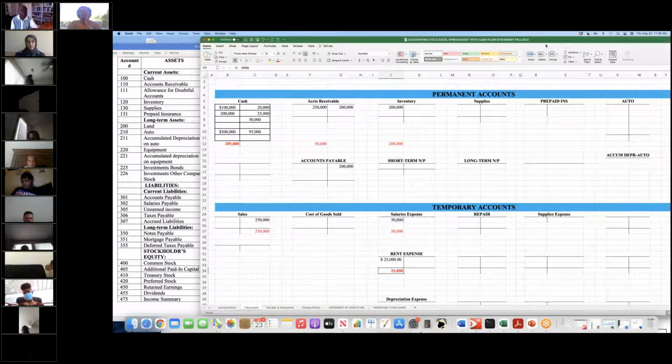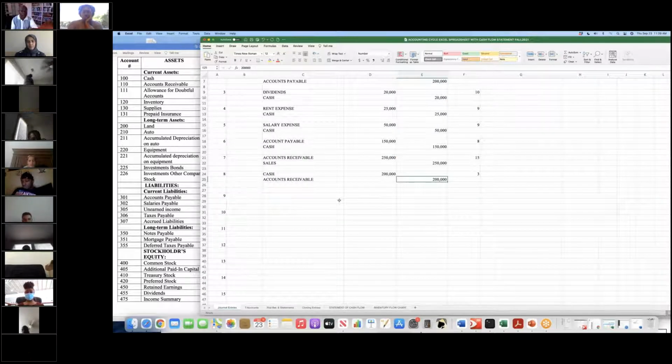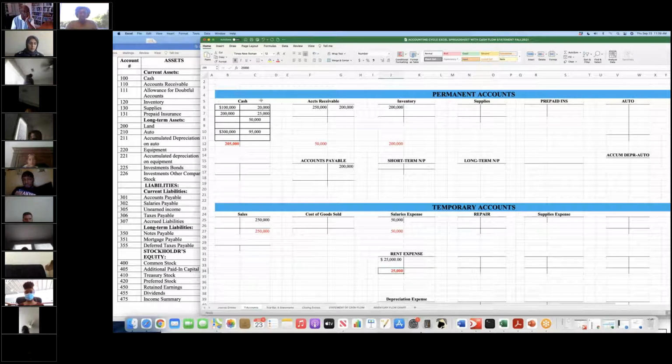Is 6 missing? I think so, because I numbered mine as we did it, and 6 was accounts payable debited and cash credited, and I don't see an extra cash on yours, the 150,000. So we might have missed it.